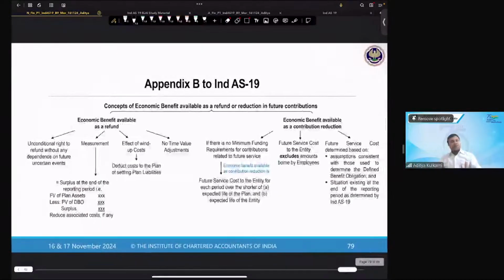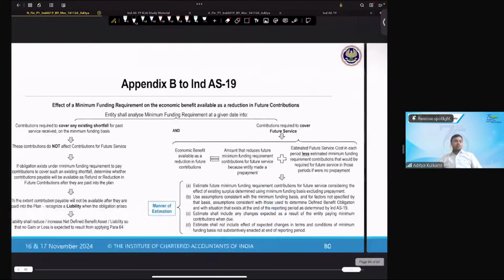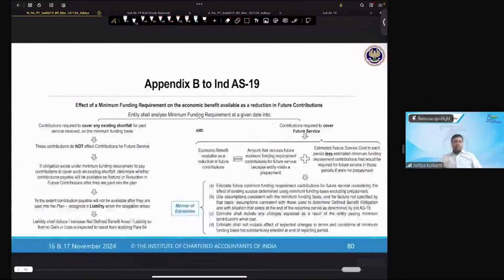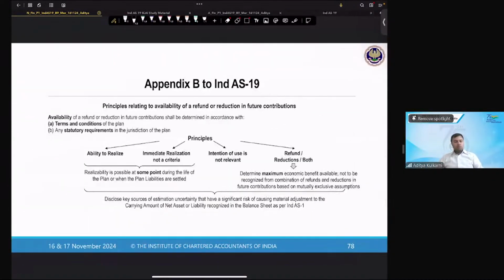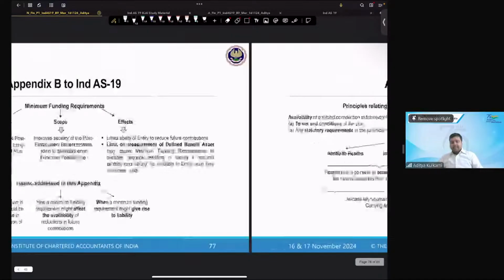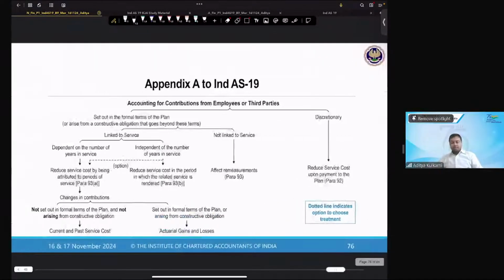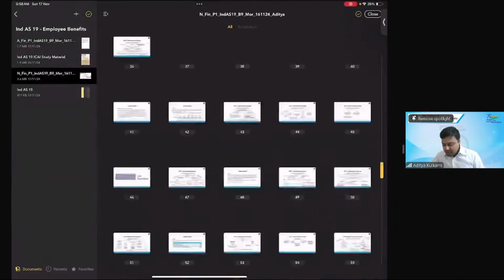What is addressed here? You can just go through it, read it up. There are no practical questions on these matters. So out of all the slides which I have given to you as homework for theory, the major ones are appendices A and B. That's it. Nothing else. Okay. You can read it just for your knowledge. There is no hard and fast requirement that will come out of this.